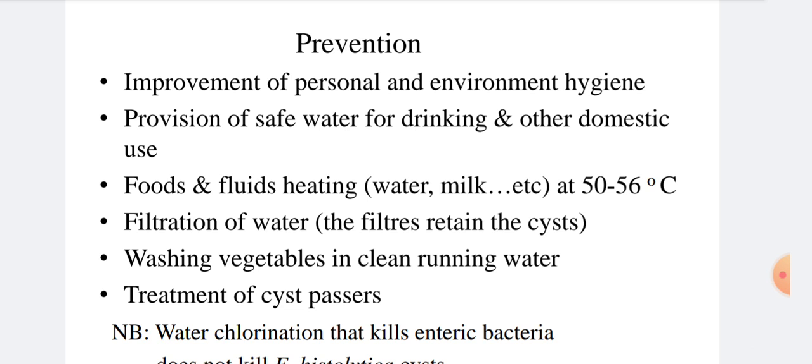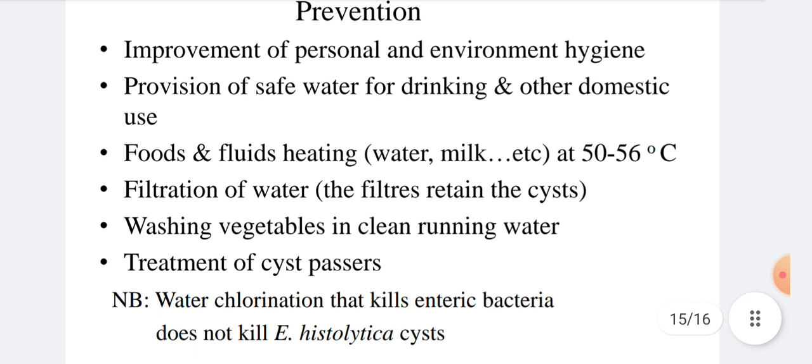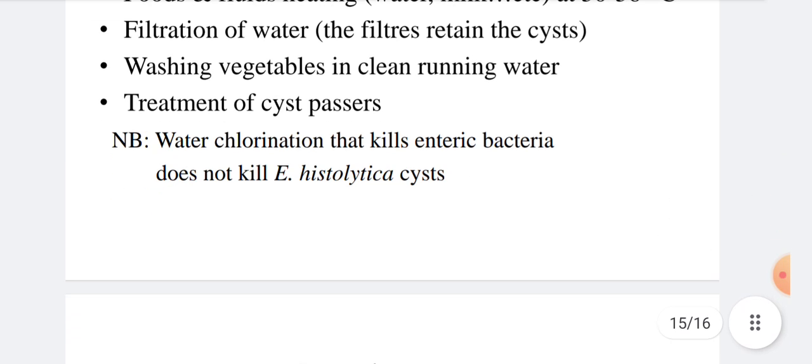Filtration of water, the filters retain the cyst. Washing vegetables in clean running water. Treatment of cyst passers so as to stop the disease spread. Nota bene, I'd like to draw your attention here that water chlorination that kills enteric bacteria does not kill Entamoeba histolytica cysts.